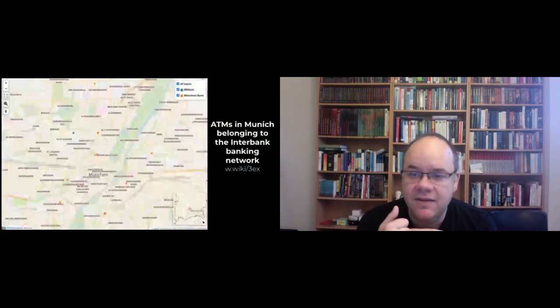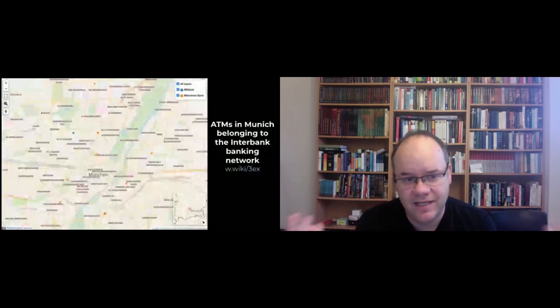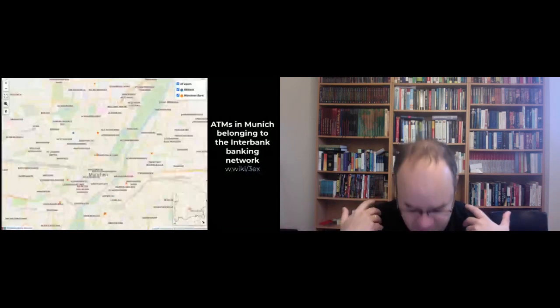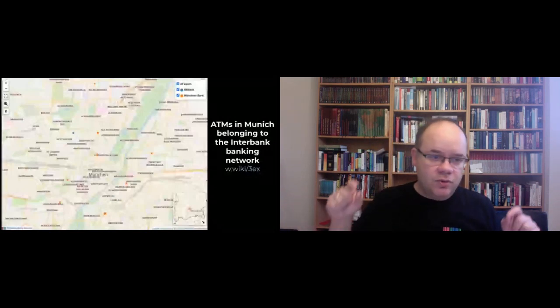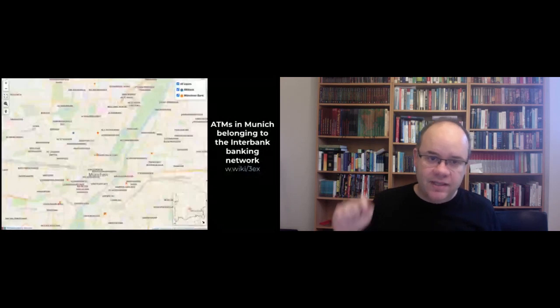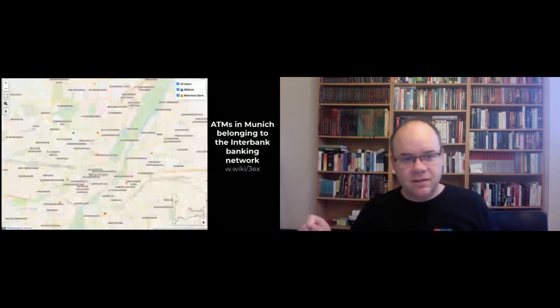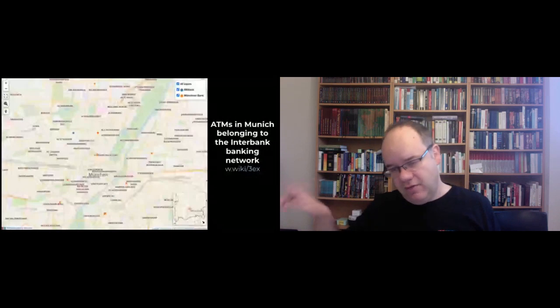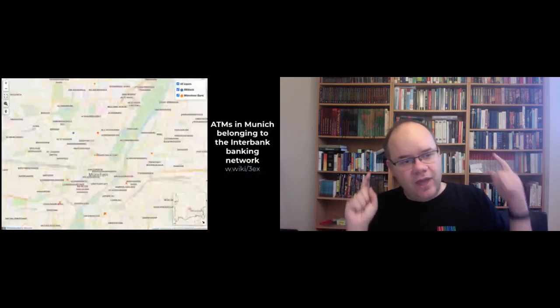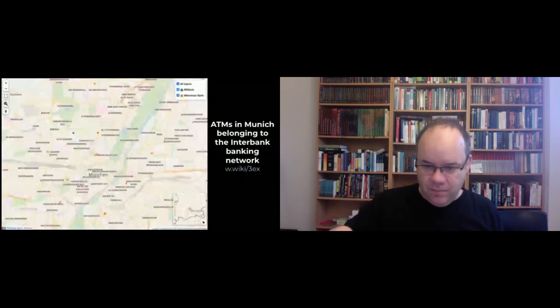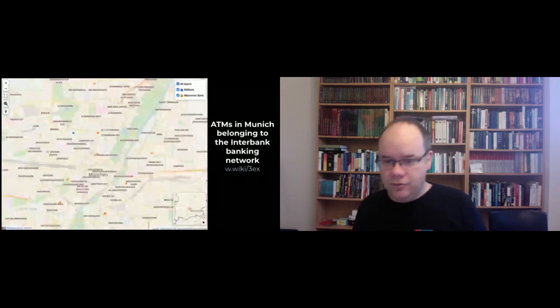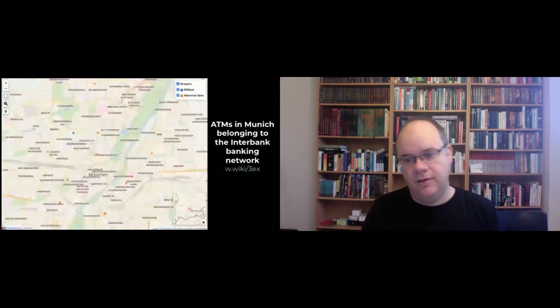The other thing is Wikidata doesn't have all the ATMs. They are also in OpenStreetMap and available through another SPARQL endpoint. So what we have in Wikidata is the connection of which banks belong to which banking network. We don't have that in OpenStreetMap. So we ask for the banks that belong to the interbank banking network, and then we ask OpenStreetMap for the ATMs belonging to those banks and display this on our map, again coming from OpenStreetMap.